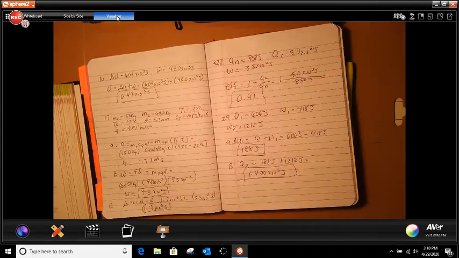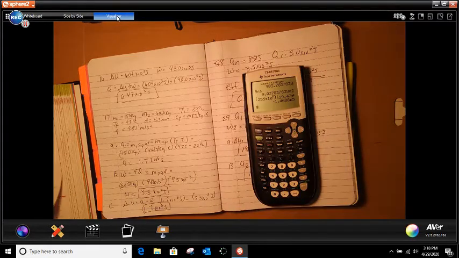So number 16. Number 16 says, heat is added to an open pan of water at 100 degrees Celsius to vaporize the water. The expanding steam results in 43.0 kilojoules of work. The internal energy of the system increases to 604 kilojoules.